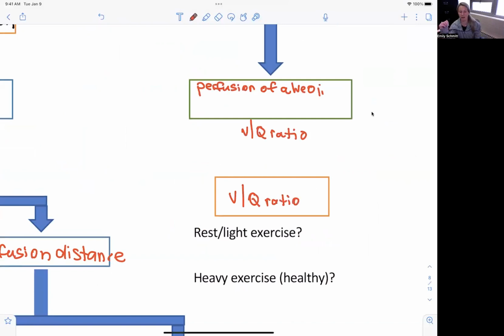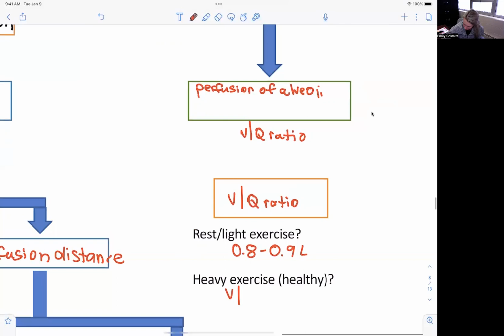So the amount of air reaching the lungs versus the amount of blood reaching the lungs. So we know for rest and light exercise, a normal VQ ratio is 0.8 to 0.9 liters. And in heavy exercise, our VQ ratio can get up to 5 liters per minute.